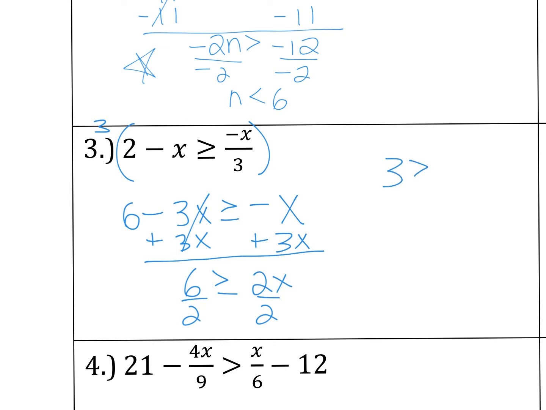My number is supposed to be on the right, and my variable x is supposed to be on the left. So I'm going to switch both of those things, which also switches the direction. So this is how your inequality must look. The variable needs to be on the left. x is less than 3.